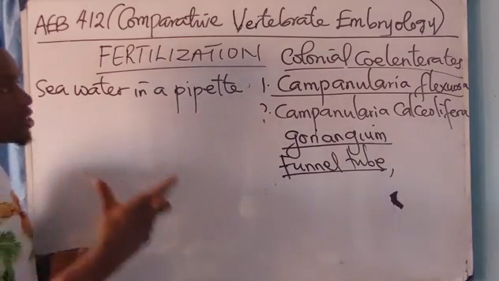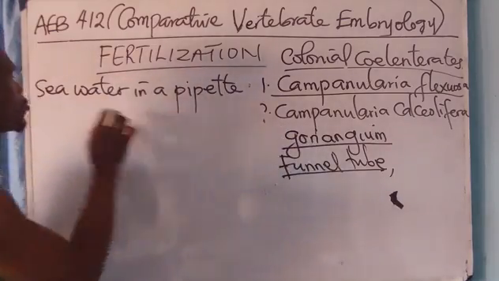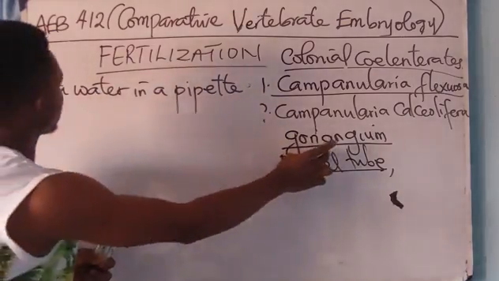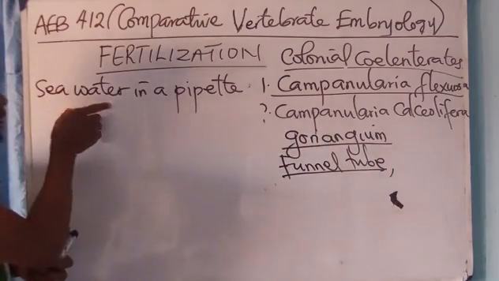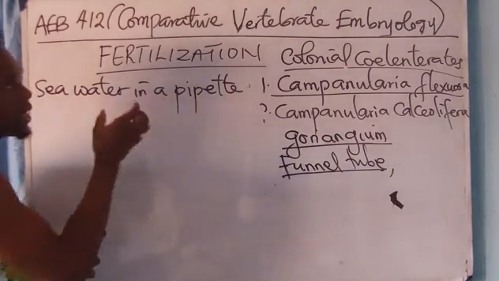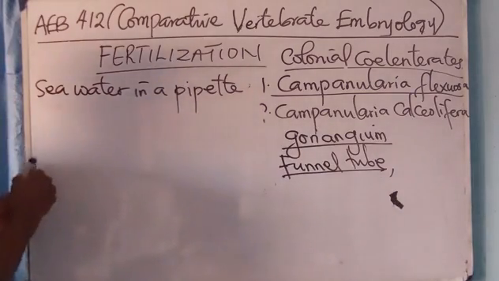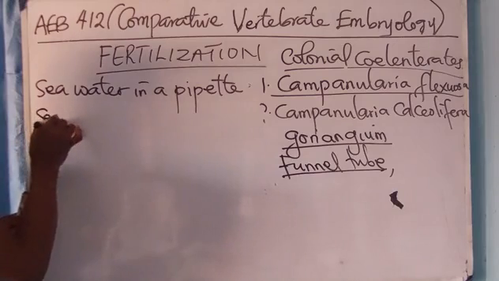It attracts the sperm. Yes, it attracts the sperm. Once you dissolve this gonangium in seawater in a pipette, it will attract the sperm. That is for that. Another good example is the sea urchins.